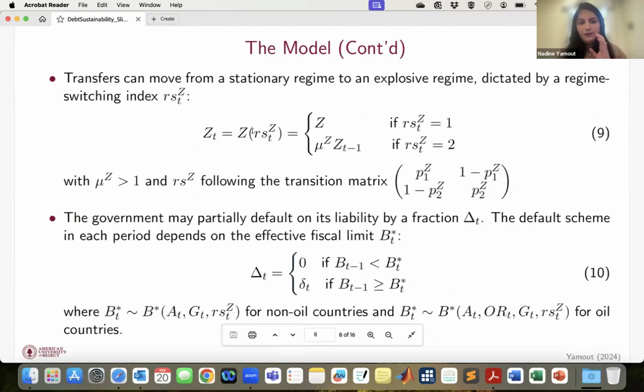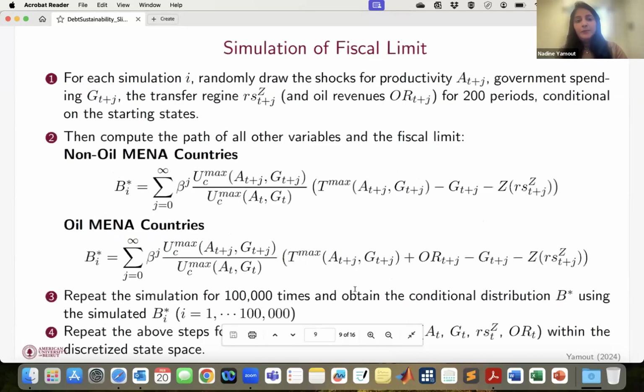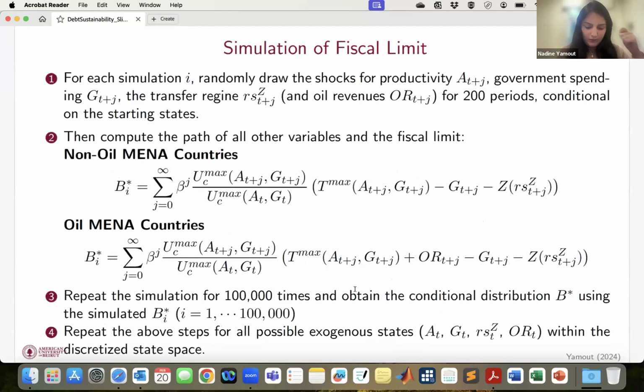I've defined the possibility of debt default in the model, because if you want to estimate a debt limit, you need to have default in the model, which is a function of whether the economy has exceeded its debt limit or not. Now, this is also technical. The way I simulate the fiscal limit is that I simulate each draw: a productivity shock, a shock to government spending, and a shock to oil revenue.